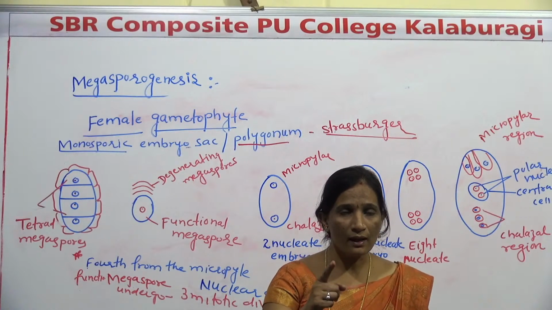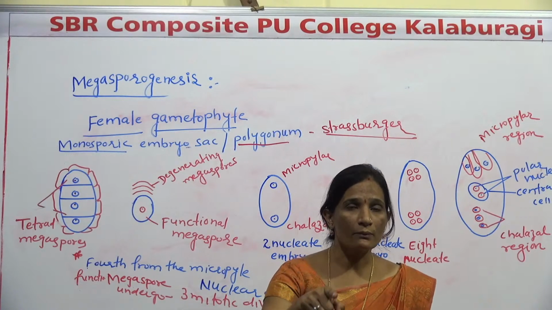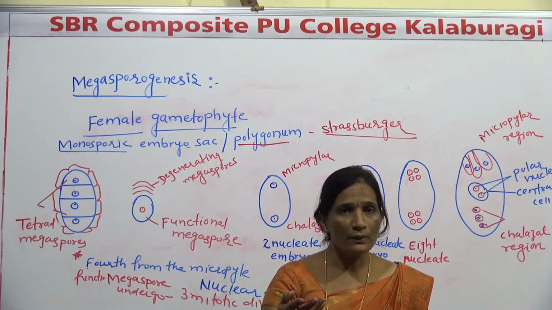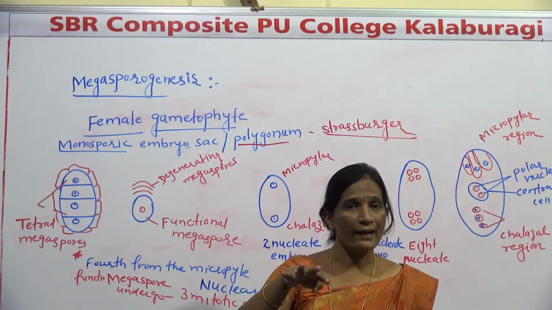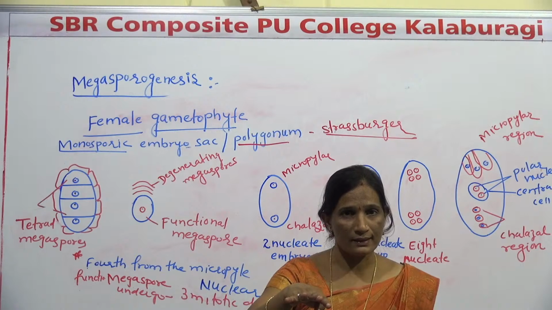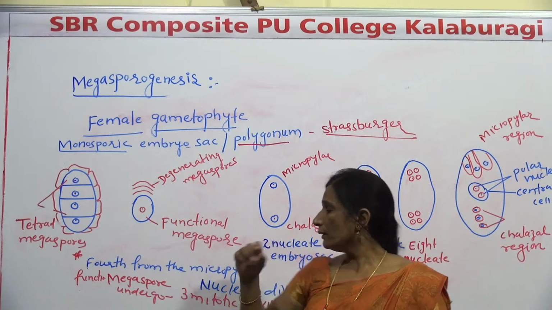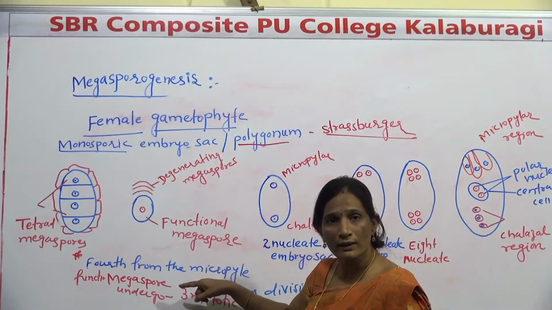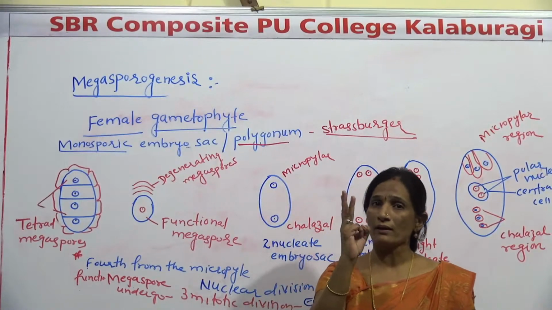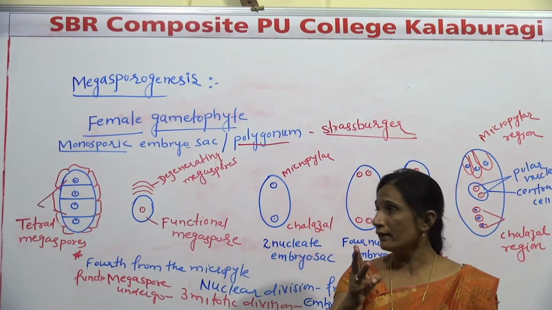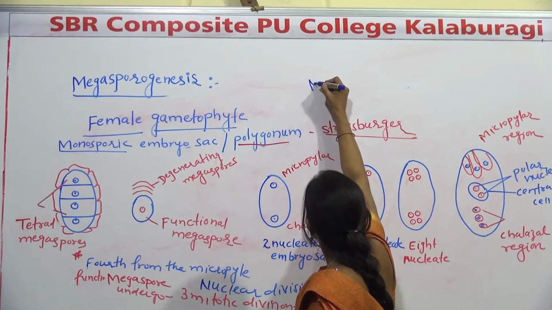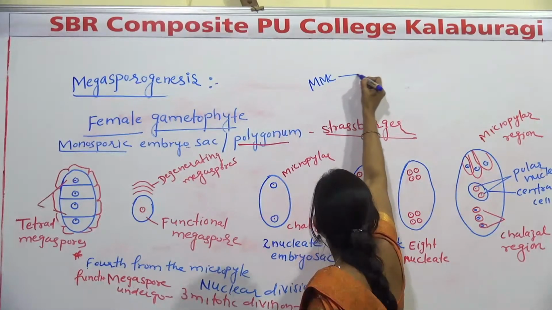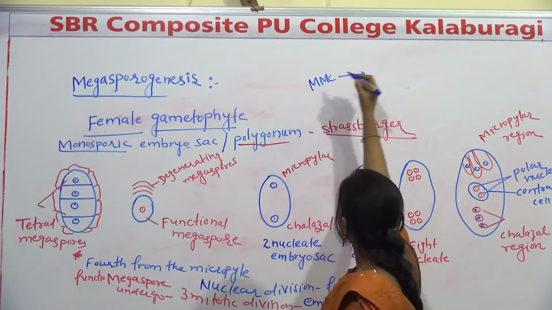The megaspore mother cell undergoes meiotic division to form a tetrad of megaspores. Is it clear? And the functional megaspore undergoes how many mitotic divisions? Three mitotic divisions. Remember it here. The megaspore mother cell undergoes which division?